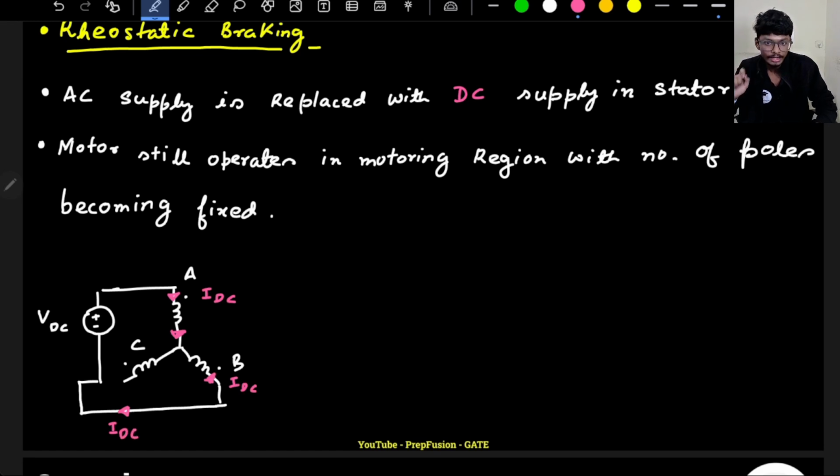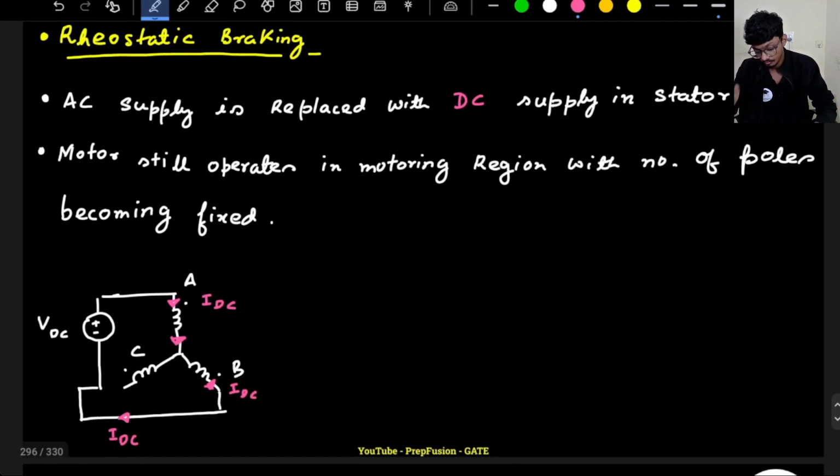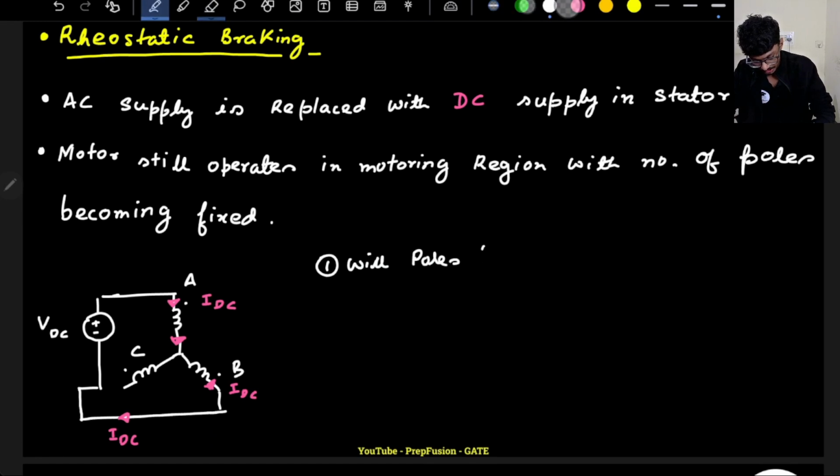Now can you tell me what will be the direction of the poles? Very interesting. First of all, will I generate a pole? You can answer in the comments below. First question, will poles be generated?